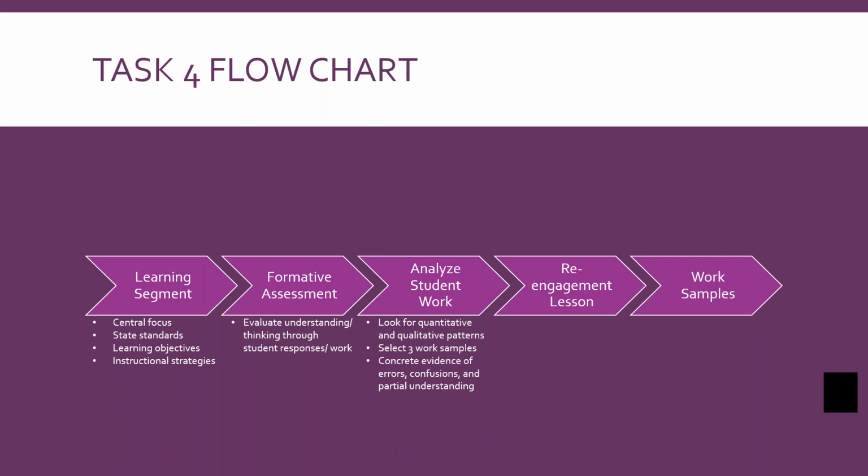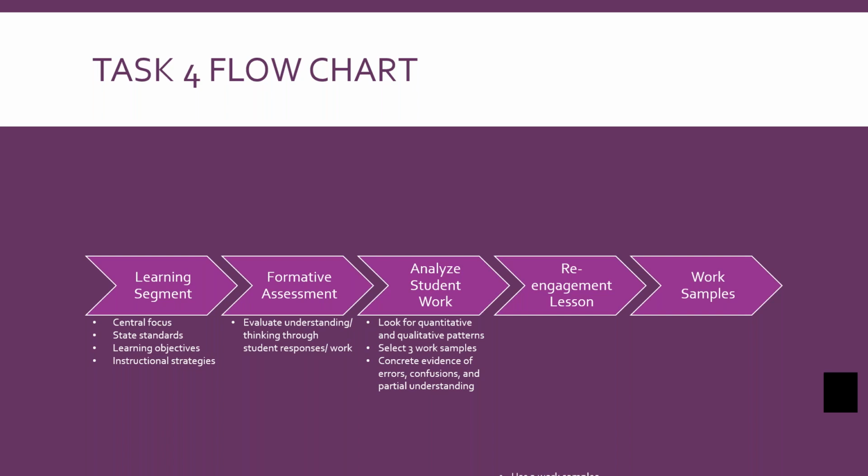After the formative assessment takes place, we can analyze the student work. We're going to look for quantitative and qualitative patterns. We will select 3 work samples, and we will use concrete evidence of errors, confusions, and partial understandings that are demonstrated on the assessment.